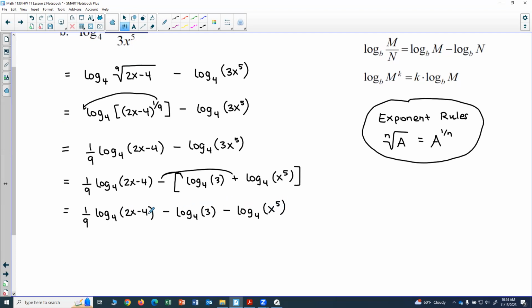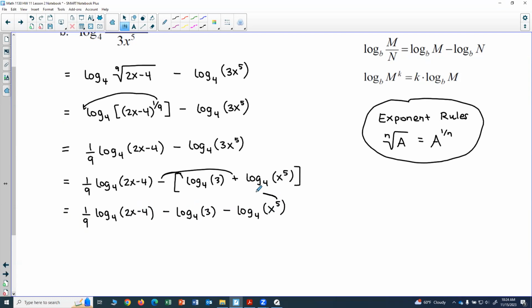So now we just have to look through our logs and see if there's any more of the properties we can use. This first log, as I mentioned, is done. We don't have any exponents, products, or division inside of our argument. The second one, minus log base 4 of 3, that's simplified. We don't have any products, division, or exponents inside of the log. This third one, log base 4 of x to the 5th, we have an exponent.